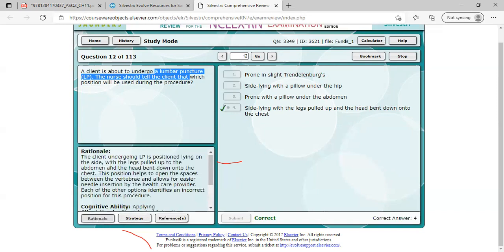The client undergo lumbar puncture is positioned lying on the side, with the legs pull up to the abdomen and head is bent down into the chest. This position helps to open the space between vertebra and allow for easy needle insertion by the healthcare provider.